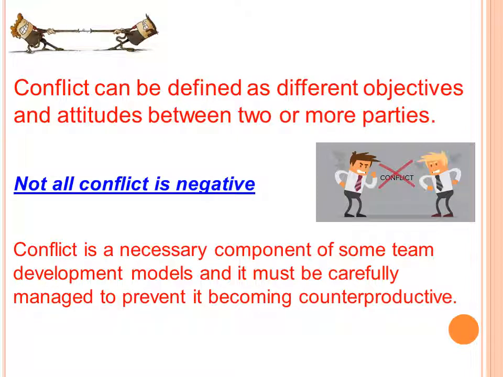A conflict can be viewed as a different aim, goal, or objective between two or more parties. Not all conflicts are negative. If it is managed well or resolved properly, it is a very good tool for team development in an organization.